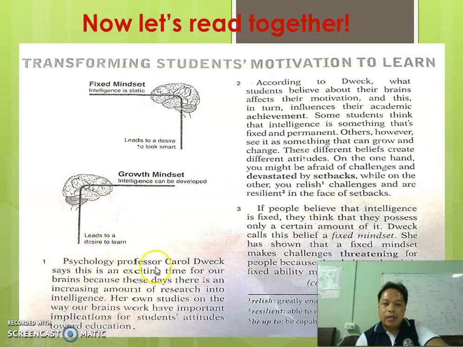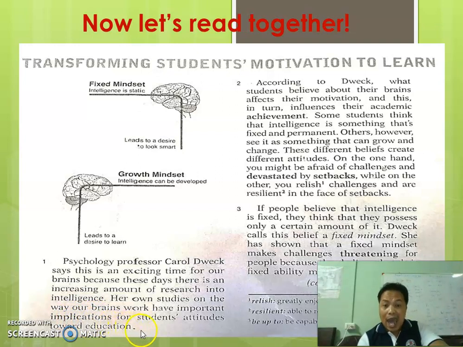Psychology professor Carol Dweck says this is an exciting time for our brains because these days there is an increasing amount of research into intelligence. Her own studies on the way our brains work have important implications. So we studied this word already, implications.